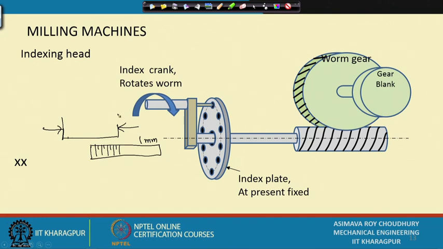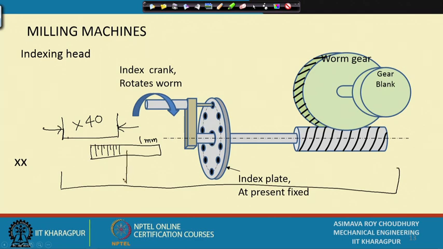So, instead of directly measuring it, suppose I multiply it by 40 by some mechanism. I accurately increase this distance to this much, and then I use the same scale for measuring it. Your percentage error will come down, because your least count remains the same, but you are measuring a larger distance. So, the percentage error that you incur is going to come down. That is why, whatever we want to measure, this angle through which I have to rotate, I make it much larger here. In what way?